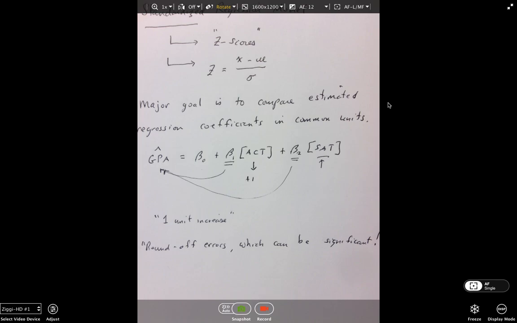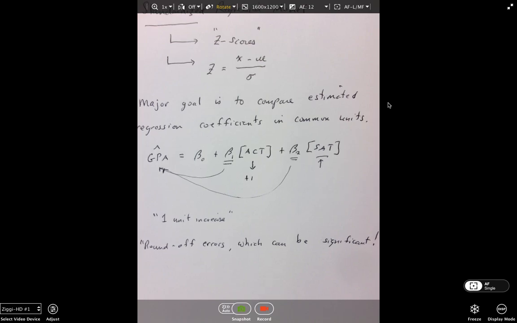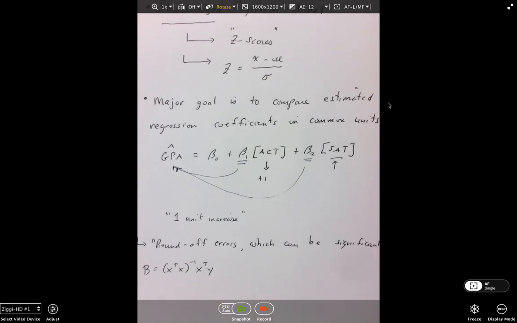If you think about the way we make our calculations using matrix notation many moons ago, actually not that many moons ago, you remember that we can find our beta vector by taking the product of these matrices.